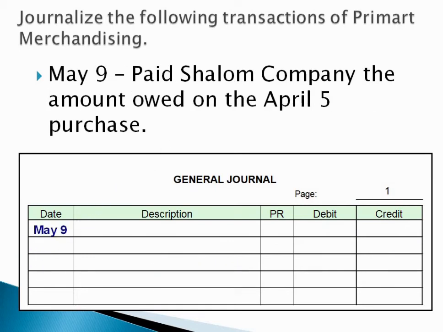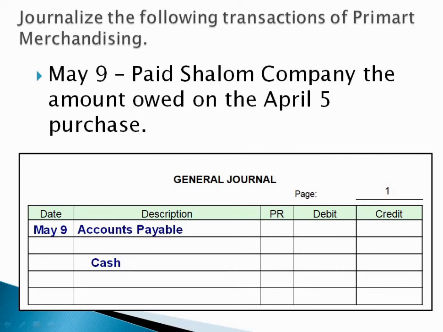May 9. Paid Shalom Company the amount owed on the April 5 purchase. Credit, cash because of the word paid. Primart Merchandising paid Shalom Company the amount owed on the April 5 purchase. What must come to mind when we see the word owed? Liability, specifically accounts payable.